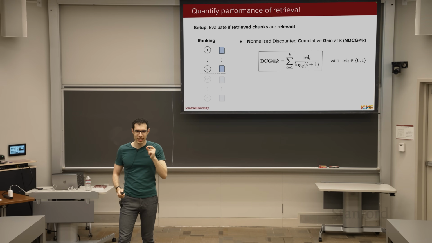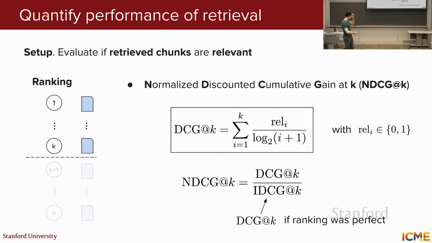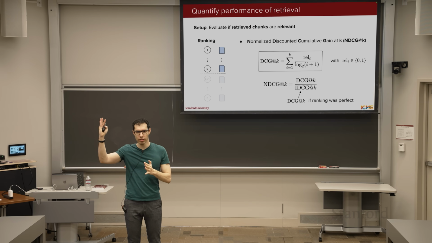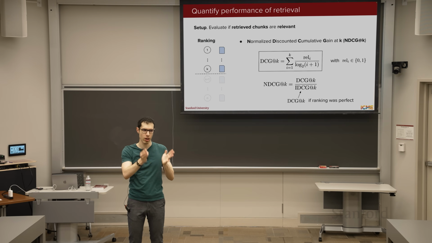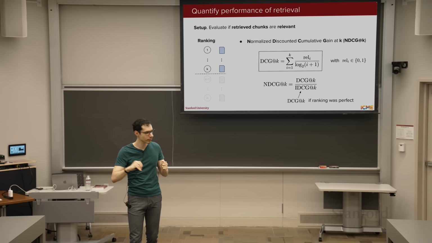Now, why do we say NDCG? What is the normalization part? Well, this metric can take a lot of different values depending on how many relevant documents there are. So what people do is they compute the quote-unquote ideal or optimal or upper bound DCG that you can get for a given query, and they call that ideal DCG.